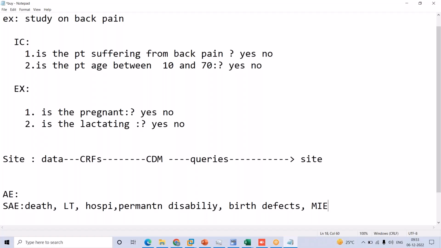If any of these occurs, the adverse event is called a serious adverse event. So, are the adverse events being properly logged and reported? We have certain timelines to submit these adverse events.